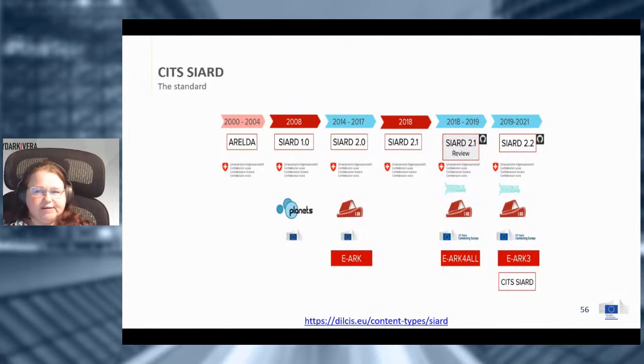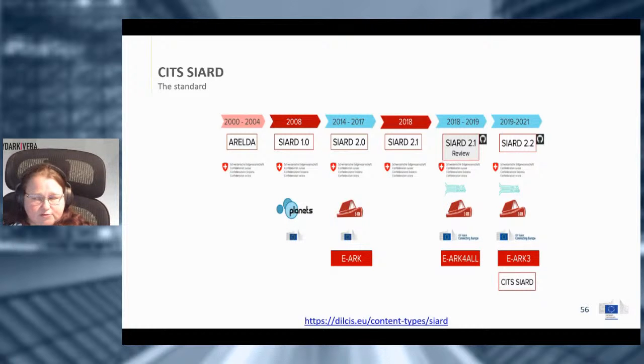If we look at SIARD itself, it's a standard that has been around for a while. It was originally created by the Swiss Federal Archives. It has been part of different projects, and it's been part of, since 2018, the DILCIS Board, who are the maintainers of the specifications in the archiving building block, together with the Swiss Federal Archives, maintaining the standard.